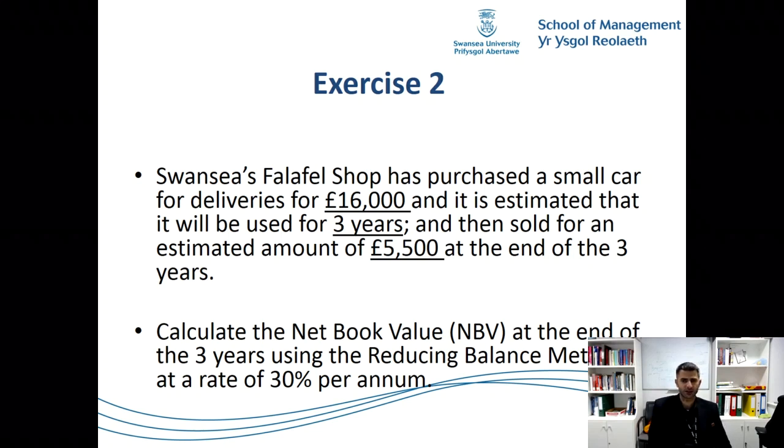The question asks you to calculate the net book value at the end of year 3 using a reducing balance method at a rate of 30% per annum. So this 30% you need to multiply by the cost, which is £16,000 in year 1. Let's do it. Or actually, you do it first and then come back and see the answers.